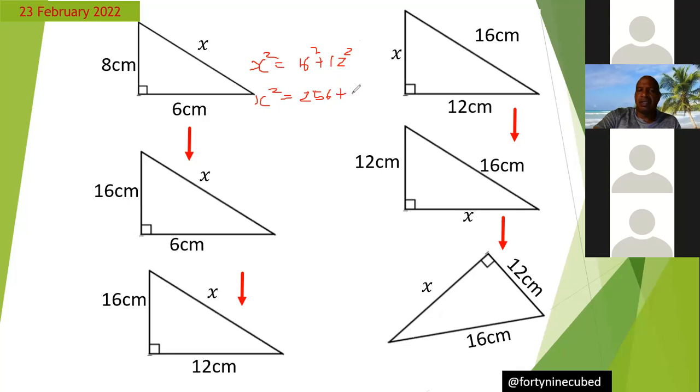And when you sum that, what do you get? 400. Okay, good. So x squared is equal to 400. So therefore, x is equal to the square root of 400. So x is equal to 20.